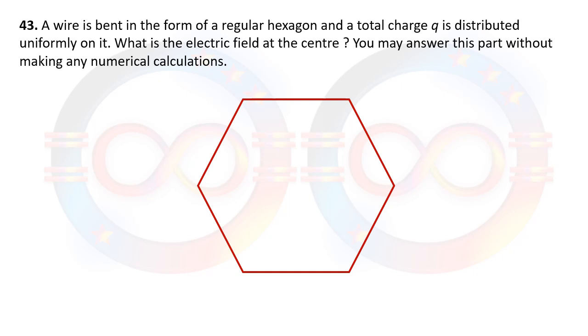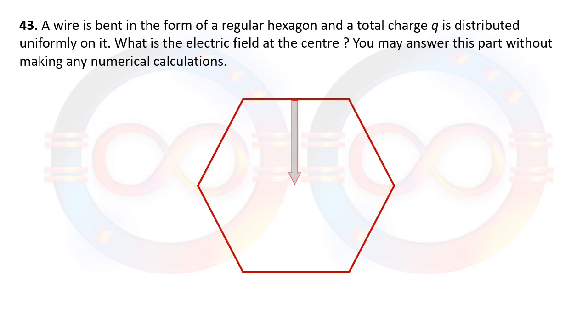Anyhow, this is the regular hexagon, it is a wire. Inside, the electric field is going to be 0, or at the center the electric field is going to be 0. But let us consider that each side has equal charge, that is some q upon 6, and because of that at the center the electric field will be like this, away.